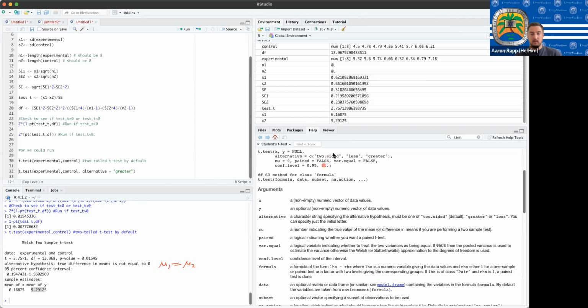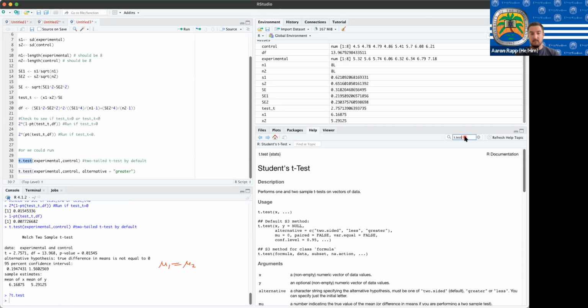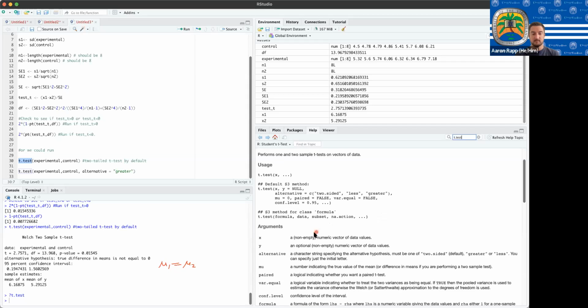So you can go and always look at the help screen and look at the documentation. So you're going to see, I want to find out more about this function t-test. I can either do the question mark t.test in the console window, run that, or type it up here in my search window for the help. Either way, it's going to pop up this screen. It's going to give you information about that t-test function.